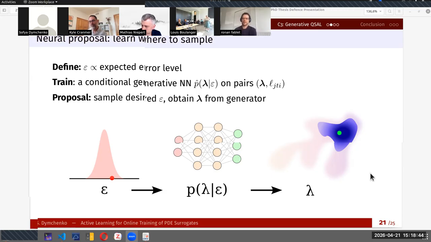But there is also another question, which is what happens in active learning for observation-based tasks: what the neural network synthesizes as the relevant data for this error level might be something that makes little physical sense, and the solver will not be able to solve it.